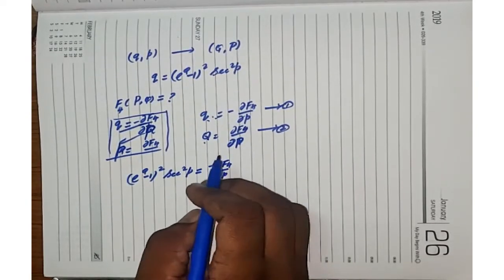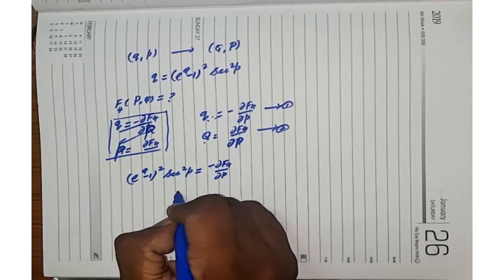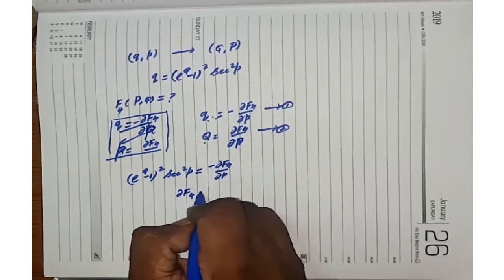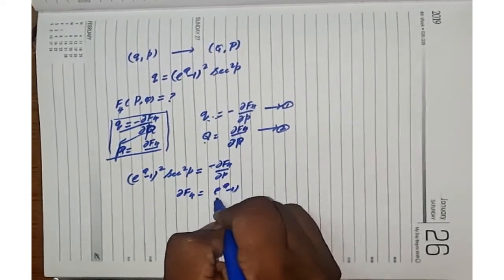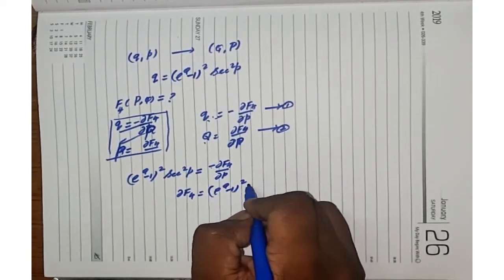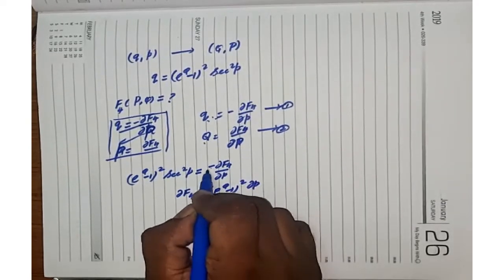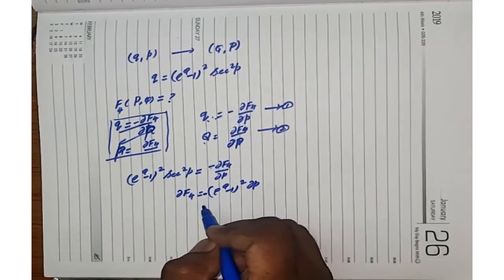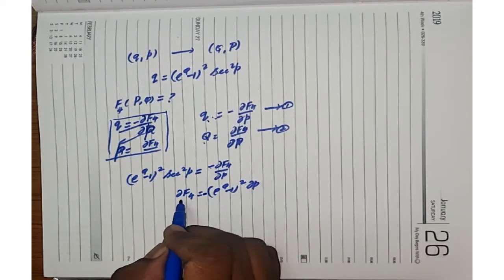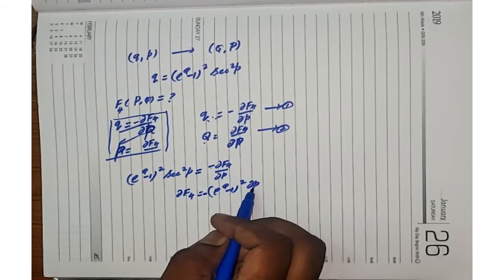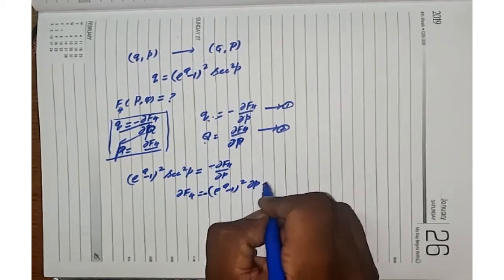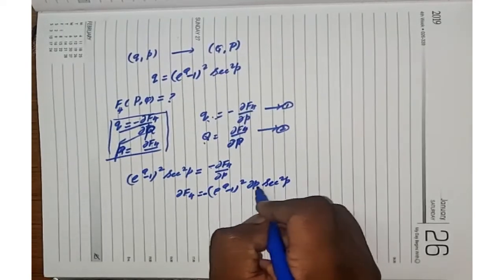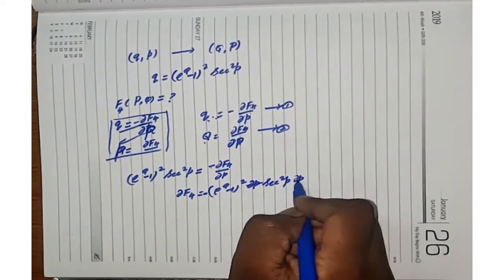You can rearrange, putting the minus sign here, writing ∂F4 on one side and pushing ∂p to the other. Left hand side is only the function F4, and the right hand side is the integrating factor ∂p. Here we actually missed the secant squared p; you can write it at last.